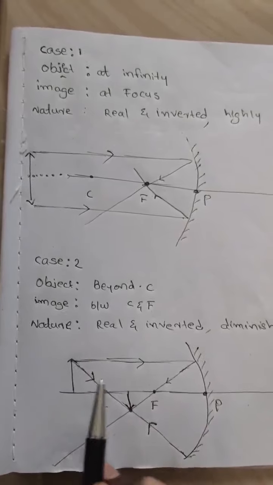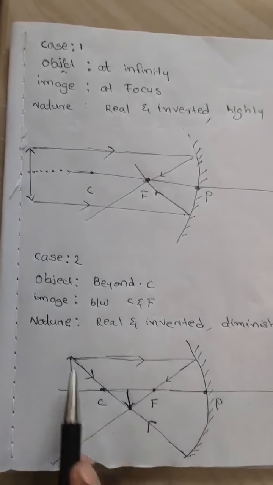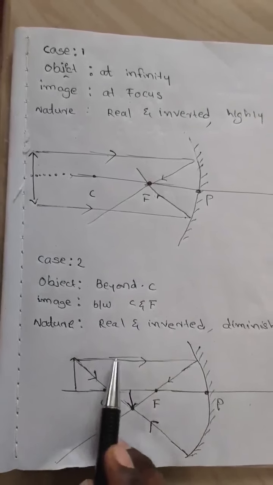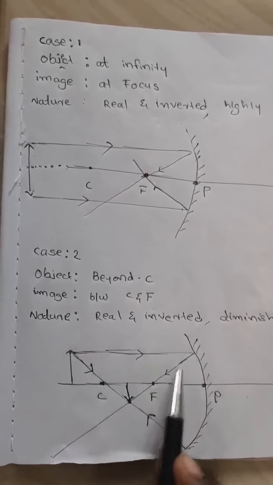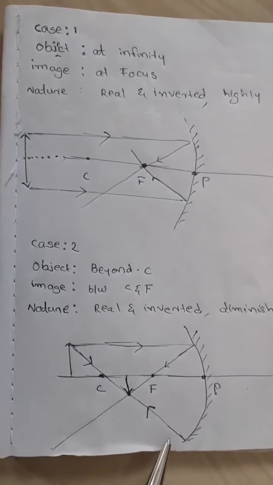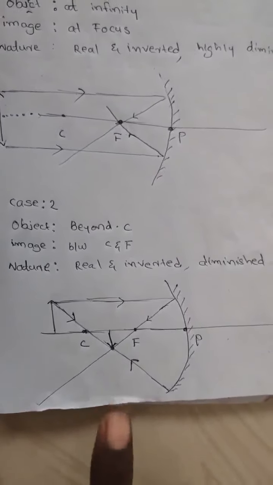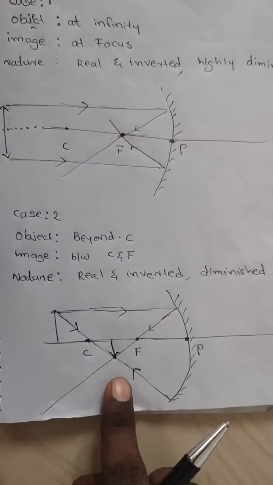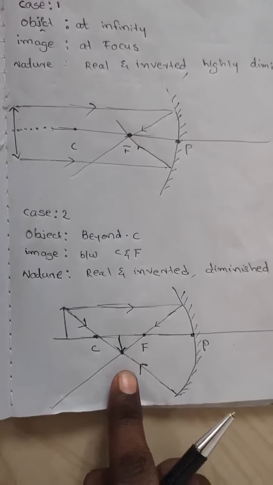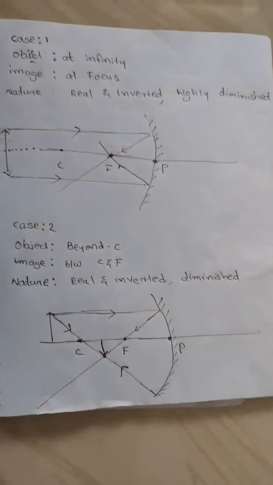Anyhow, the reflected rays must meet between C and F. First, I am using this ray moving parallel to the principal axis, which after reflection moves through the focus, and the ray through the center of curvature. This is our second ray diagram of image formation of a concave mirror. Very important. Also write this case. Okay, now we are moving to case 3. Students, this is your case 3.